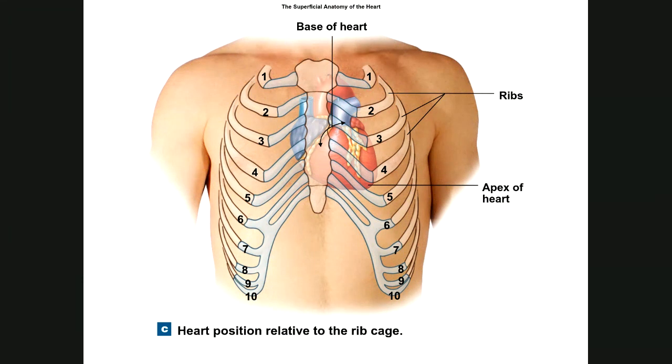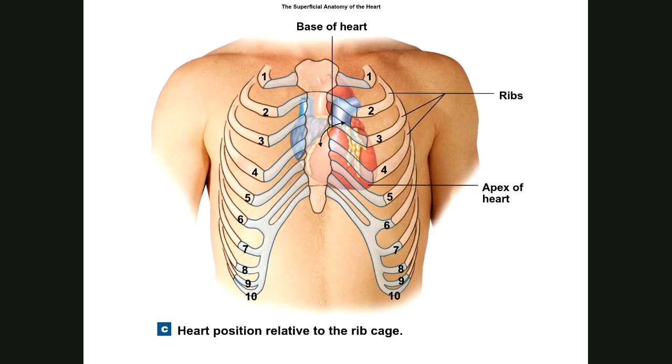So we can find the heart in the mediastinum, between the second rib and the fifth rib intercostal space. The size of it is about the size of a man's fist, weighing less than 1 pound. It's posterior to the sternum and anterior to the vertebral column.